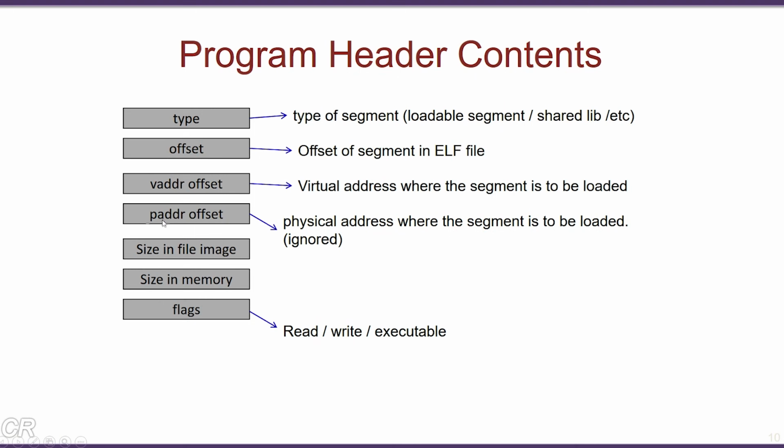There is also a physical address offset which specifies which physical address that segment should be loaded. In most cases, this particular entry is ignored, and we have the memory management unit of the processor which takes care of managing the physical address. Besides these, you have the size of this particular segment in the file, and also the size of the segment when it is loaded into memory.